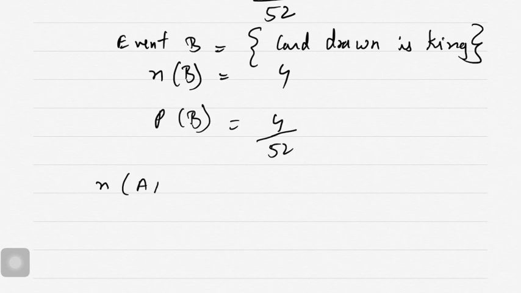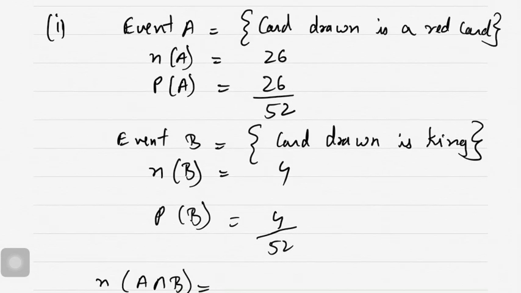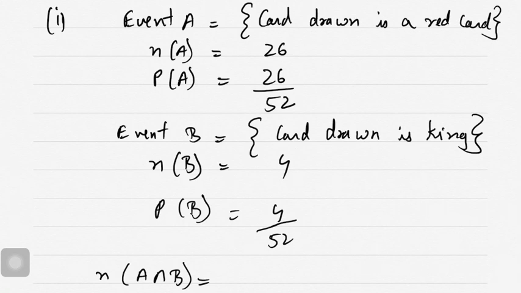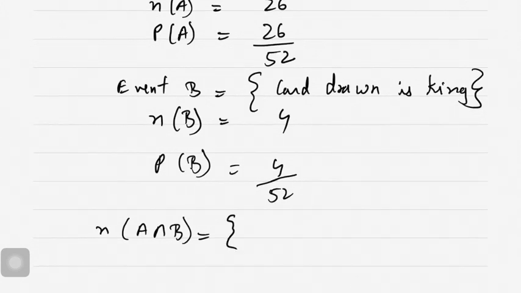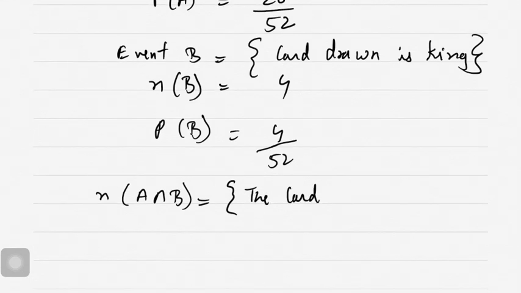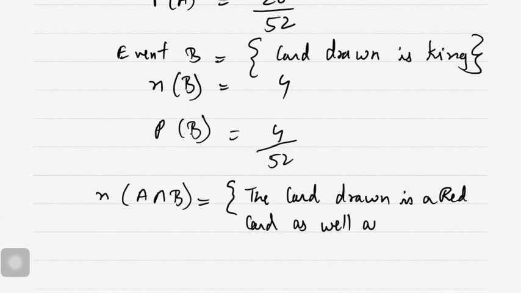Let us find out n of A intersection B. That means a card which is A as well as B. The card which is red as well as king. So that means common card. The card drawn is a red card as well as king.